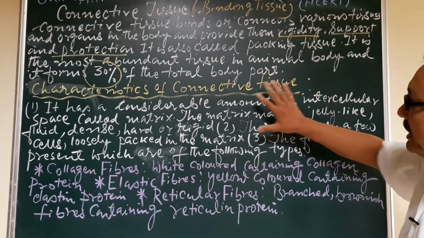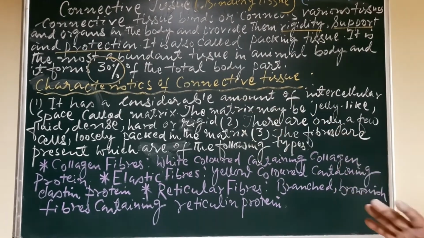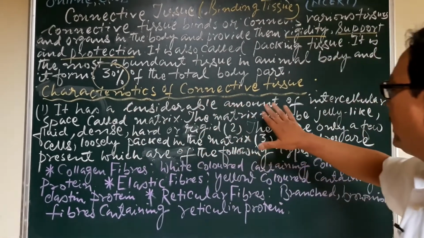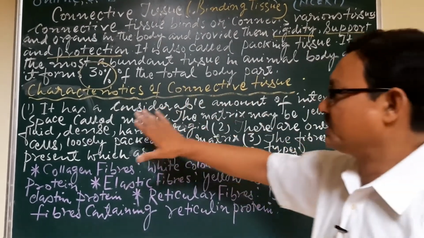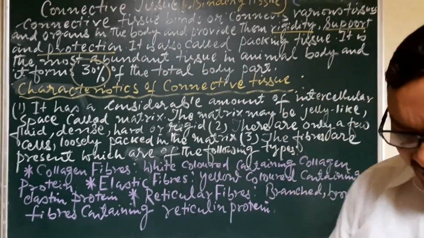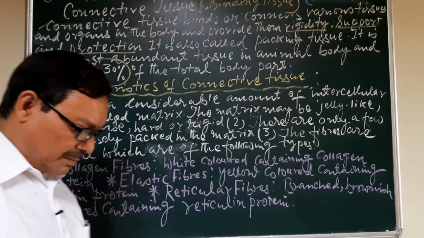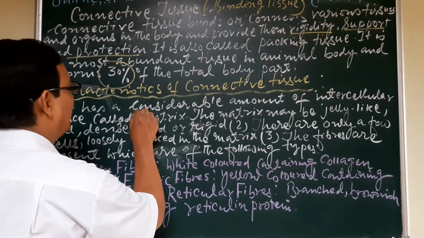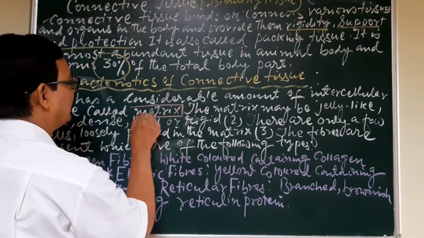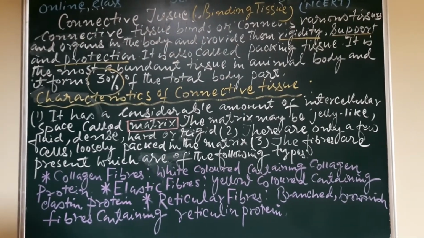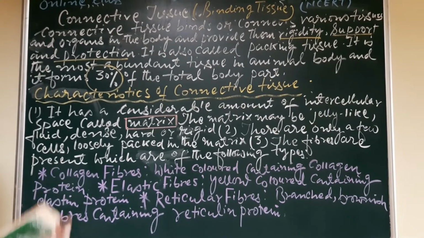Here also there are some characteristics of connective tissue. Number one, it has a considerable amount of intercellular space called matrix. One more important feature is the presence of matrix in the connective tissue. The matrix of connective tissue is of various types.